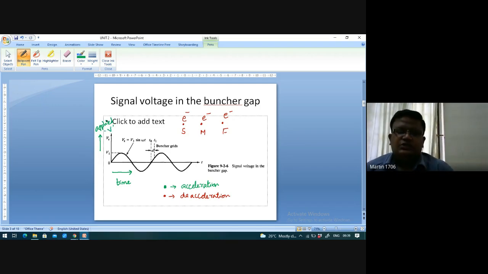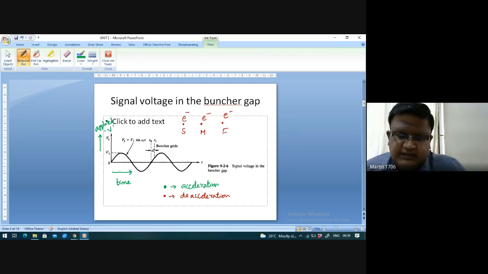Once I switch on, what happens at time t equal to 0? At t equal to 0, no amplification has taken place. This is your positive half cycle, this is your negative half cycle, and cyclically it changes. It tends to move in this direction, forwarding at a constant rate.